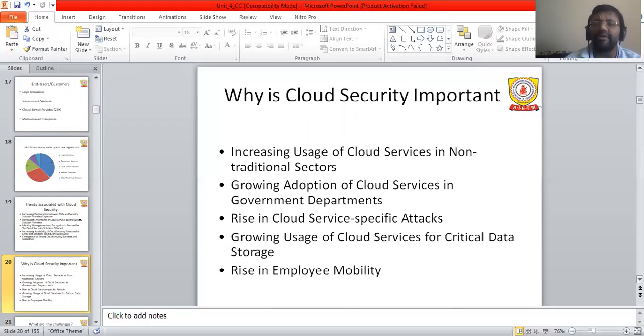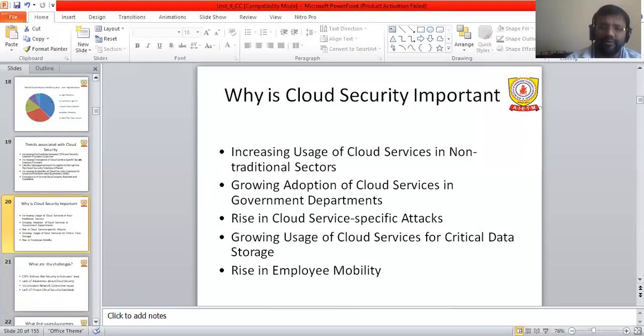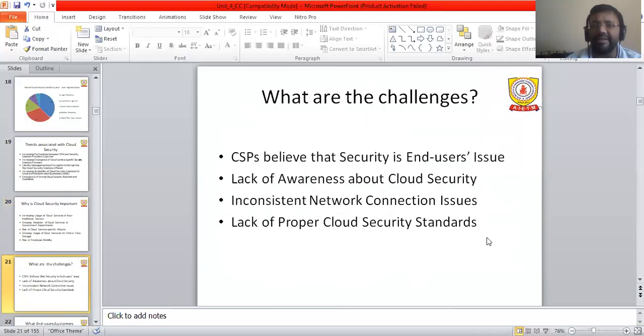Specific attacks lead to policy violations of governments and private sectors, so that is also a concern. So there are so many reasons why we require this.